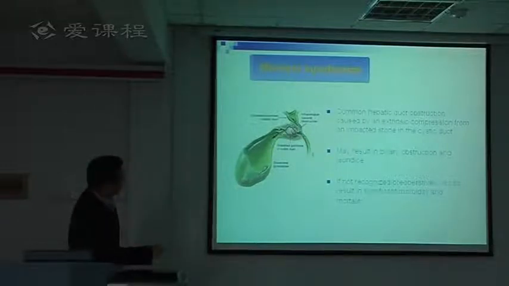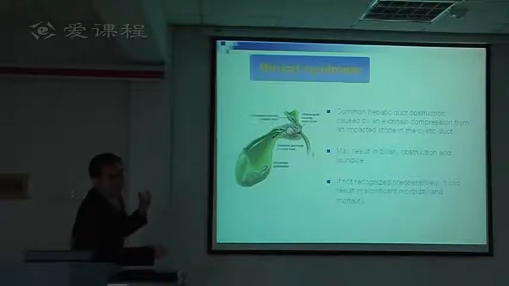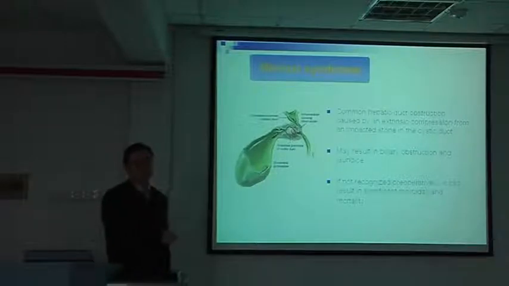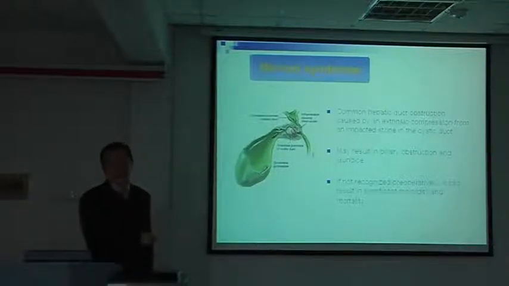Because in operation, if the disease is not recognized, some doctor can cut here, because he thinks this is the cystic duct. So he cuts there. This is a disaster.